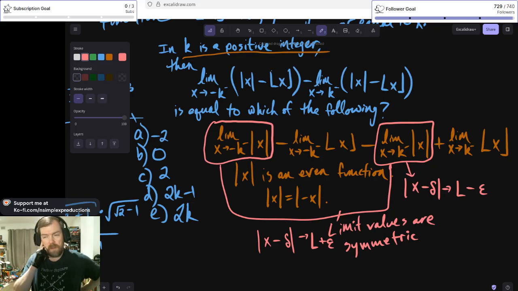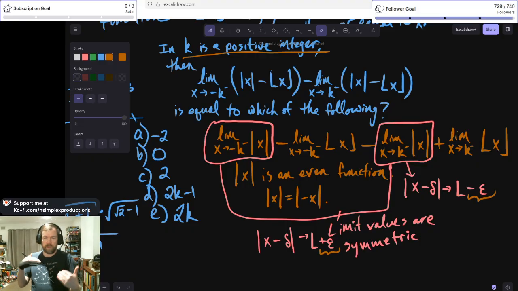They're identical to each other. The limit values are symmetric, which tells us that the only thing that's going to really be different is the teeny amount that we're off by. But since we're going off to this particular k value, there is going to be a decreasingly small epsilon, which is going to keep decreasing forever. So we don't have an epsilon really. Both of those things are going to L. And because one of them is positive and one of them is negative, they're going to subtract out.